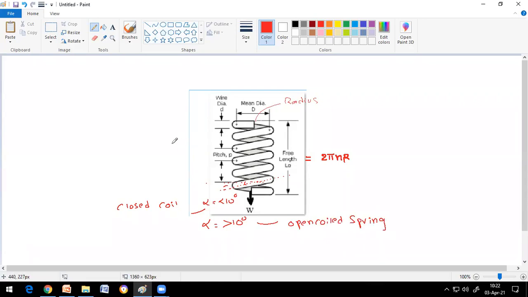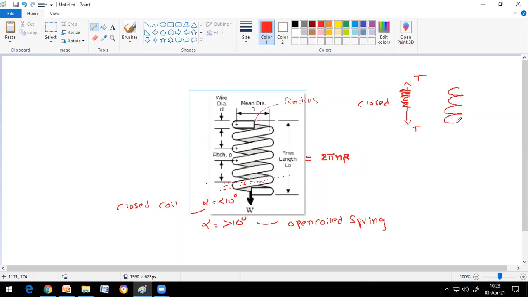The best example for closed coil helical spring is the spring which is under tension in your bikes. If you see, the spring is very closed in nature. You can't see any pitch distance in between the coils. Those springs which are under tension are all closed, very close to each other.